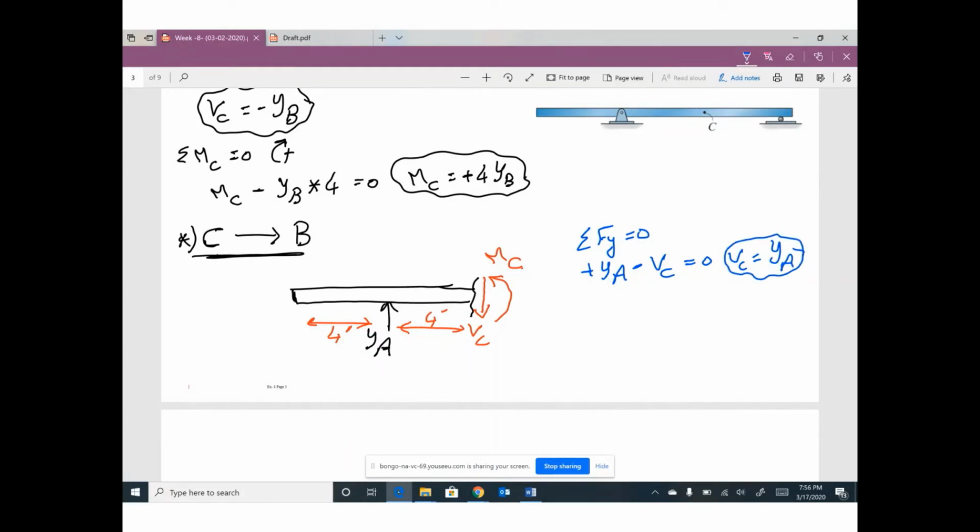If you take moment at C equals 0, assume this direction is positive. Taking moment at C will cancel shear, but you still have MC. And we have 4 times YA in the opposite direction, so it's negative, equals 0. Finally, MC equals positive 4 YA.